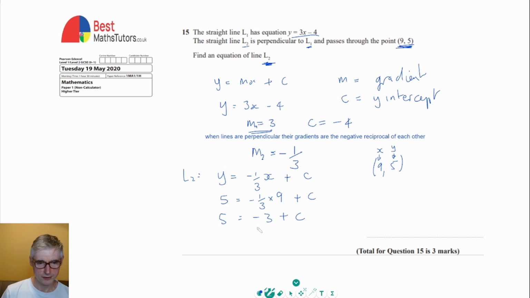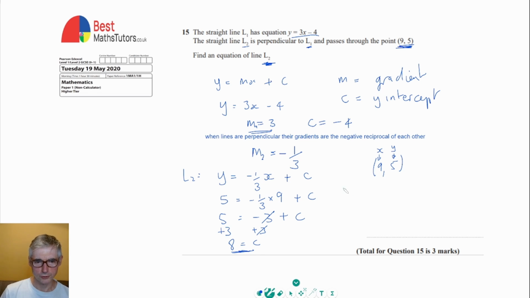If we add 3 to both sides, the 3 disappears and we end up with 8 equals c. So that's our value for c.